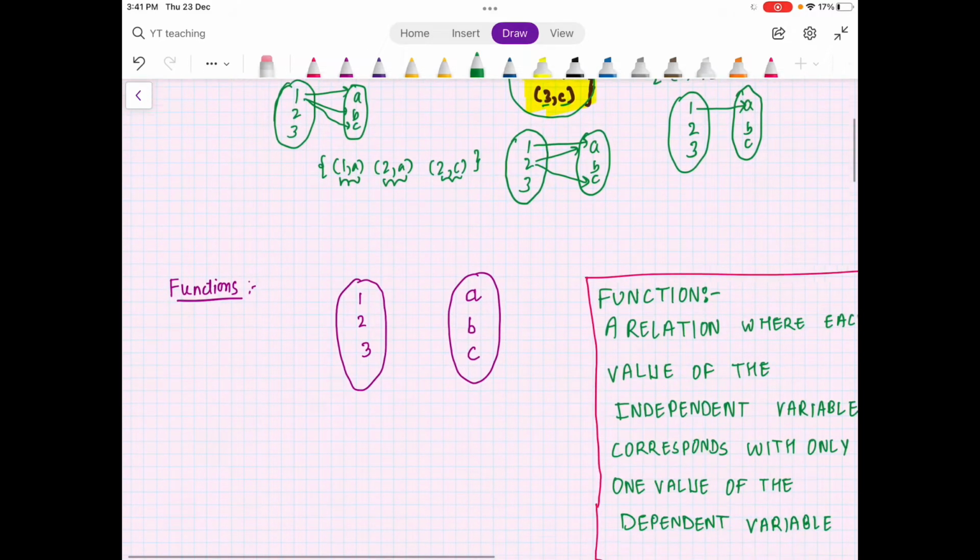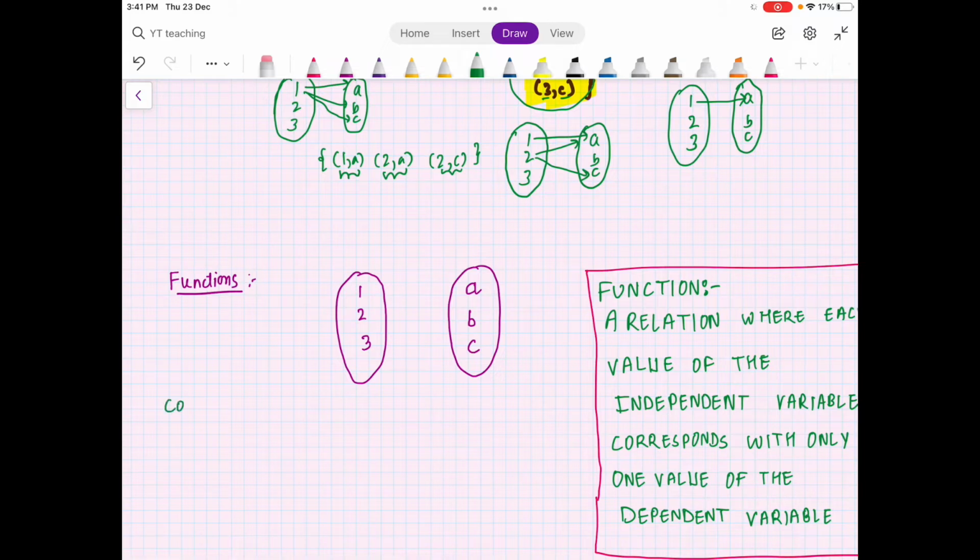So what are the conditions for making a relation into a function? The main thing is that this is your domain set, and we call this the range set.